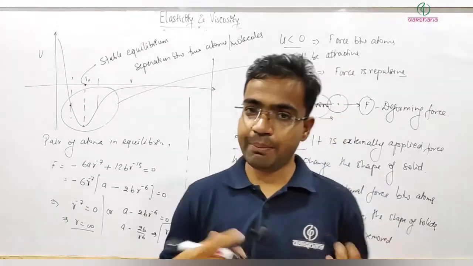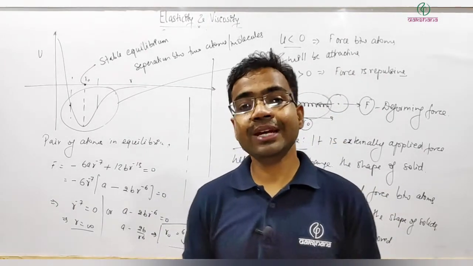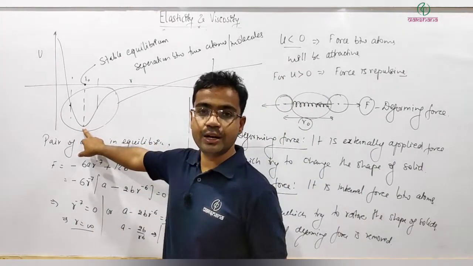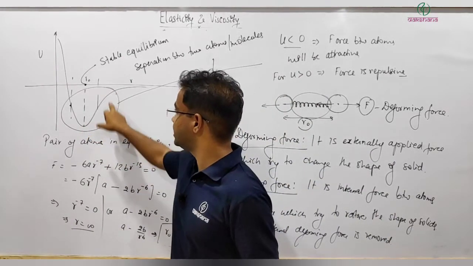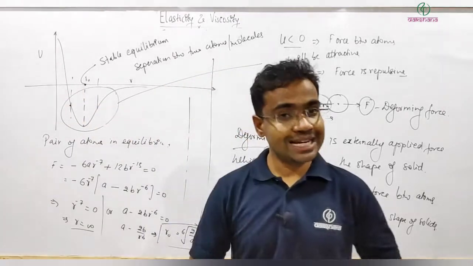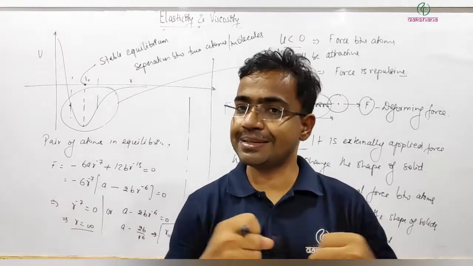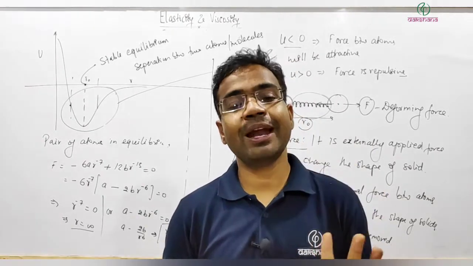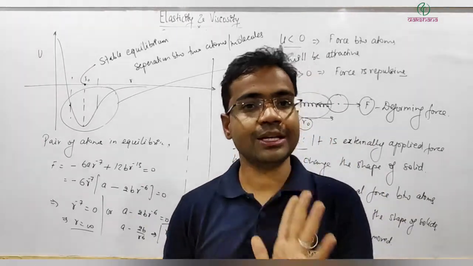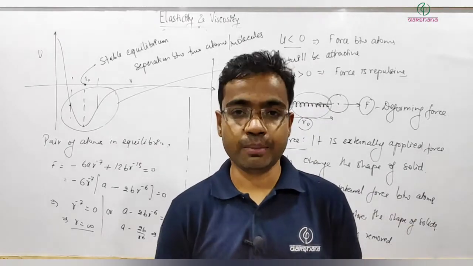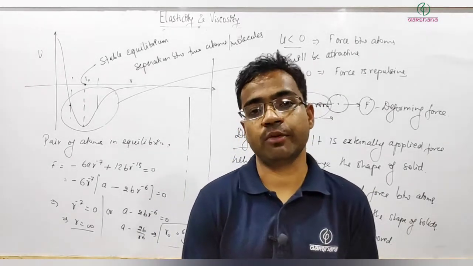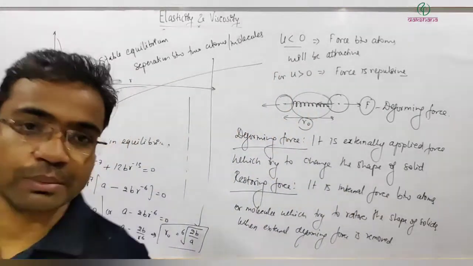But when we apply some external force, then we are disturbing this separation. The molecules are trying to stay there, but we try to bring them closer or push them apart. That is what happens when we apply some external deforming force. After applying deforming force, different materials behave in different manners. Let's understand which type of material behaves in which manner.